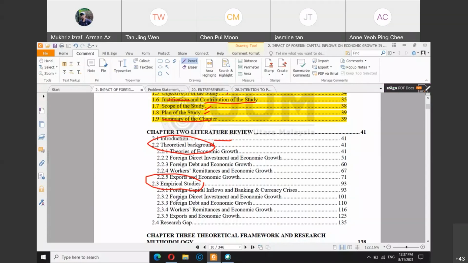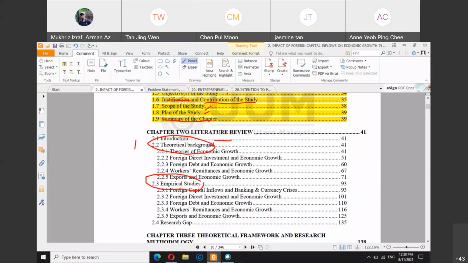Because whatever topic you want to do, you are not the first one in the world to do it. So of course there are many similar or relevant articles that you can use as references. But the one I want to highlight is the first part here, the theoretical background.